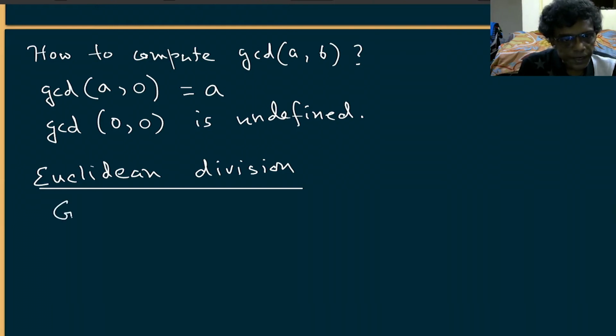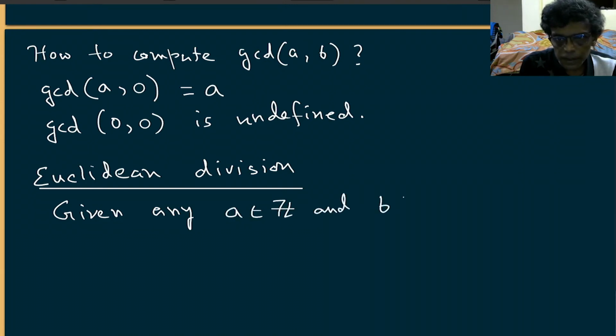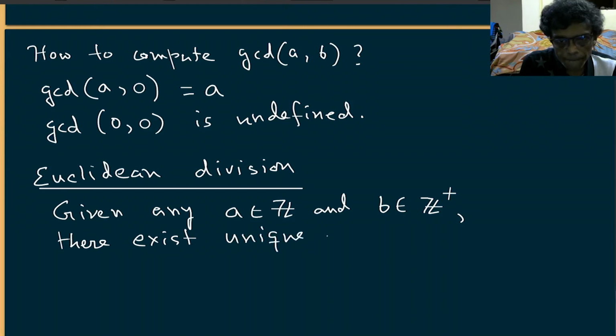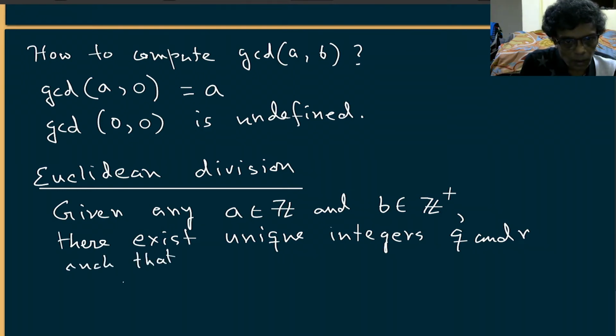So, given any, this is again a theorem, A in Z and B in Z plus, there exist unique integers Q and R such that the following two conditions hold. 1.